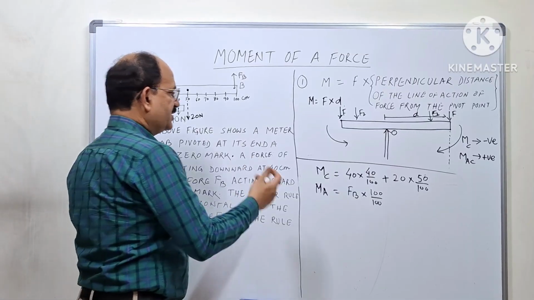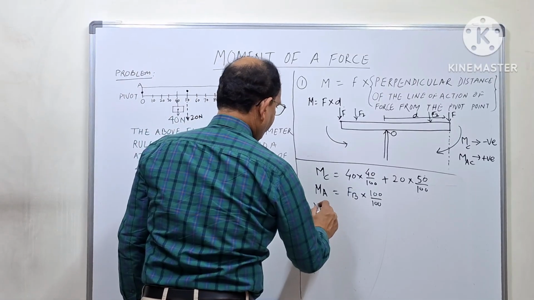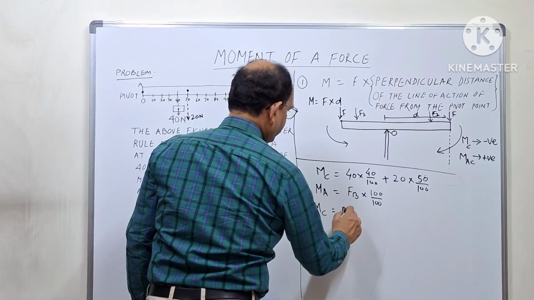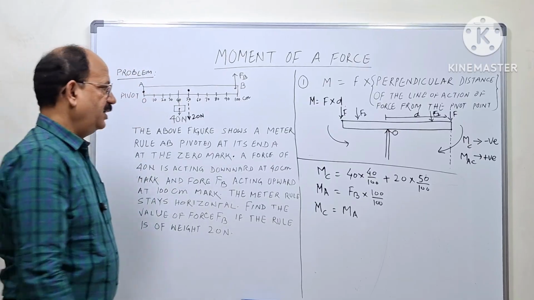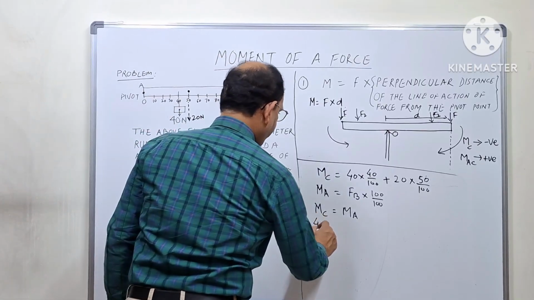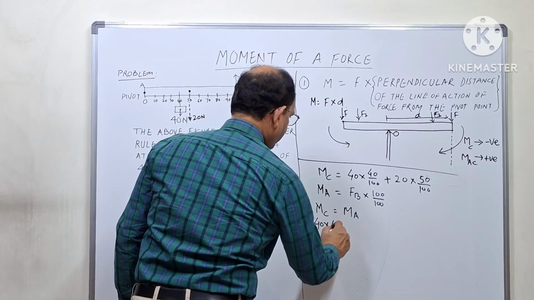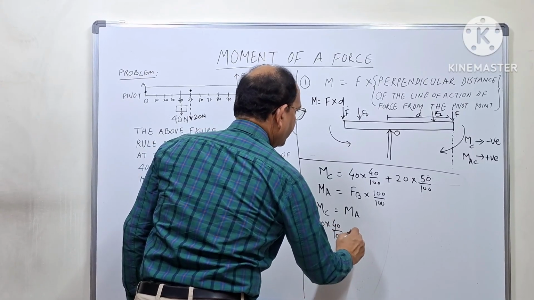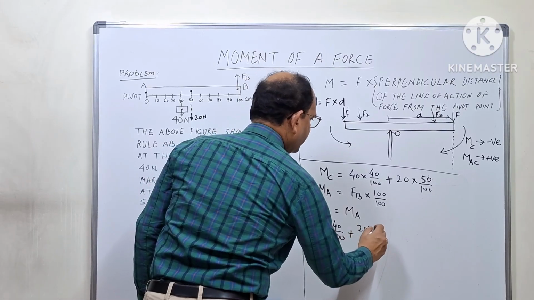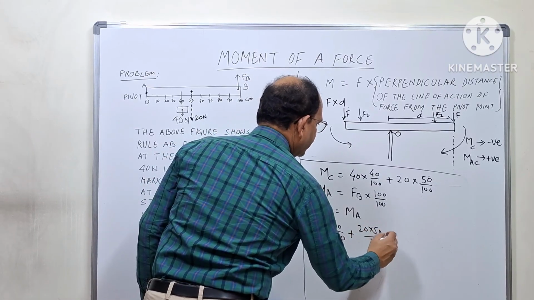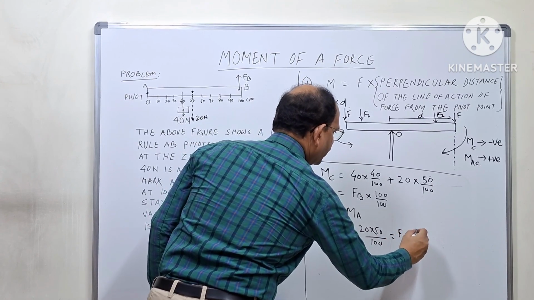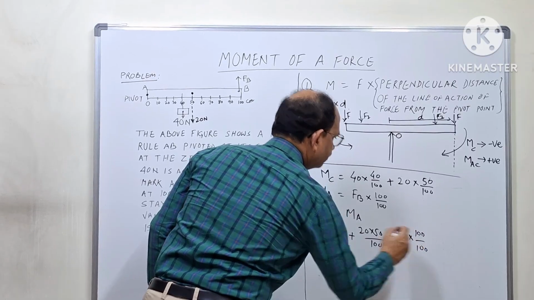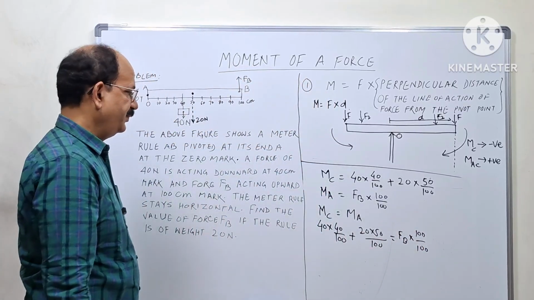Now, as per the principle of moments, moment in clockwise direction must be equal to moment in anti-clockwise direction. And therefore, 40 multiplied by 40 by 100 plus 20 multiplied by 50 by 100 must be equal to FB into 100 by 100. Correct?